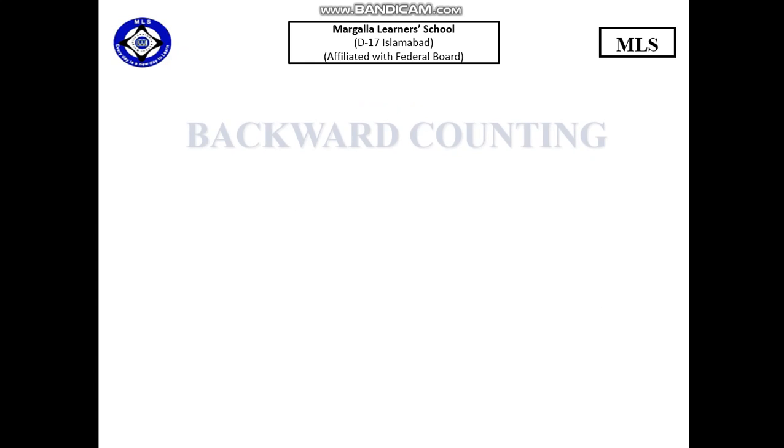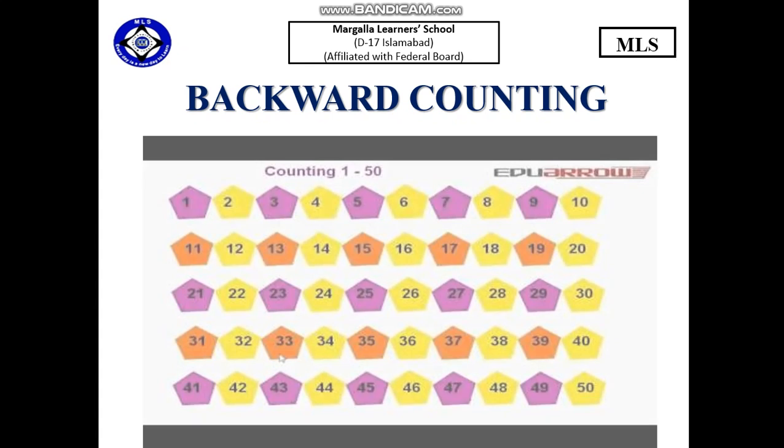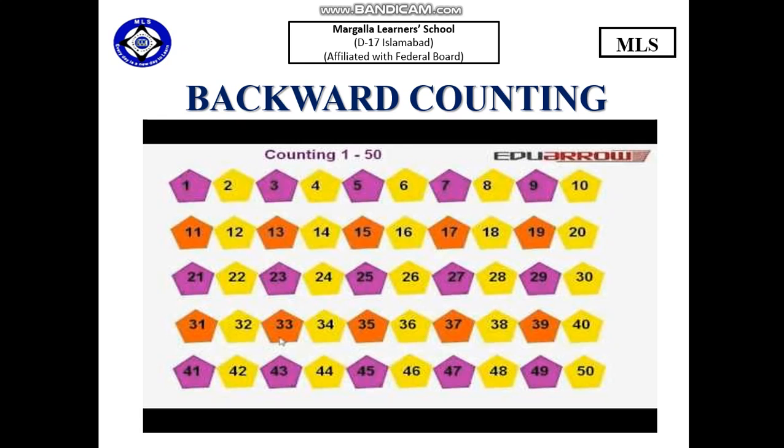Now let's see what are backward countings. How do we count backward? Look at this chart. Backward counting means going in the backward direction. For example, counting from 10 till 1.